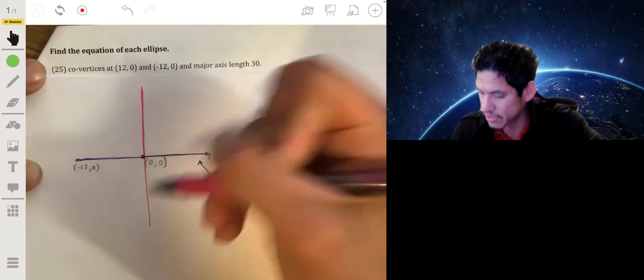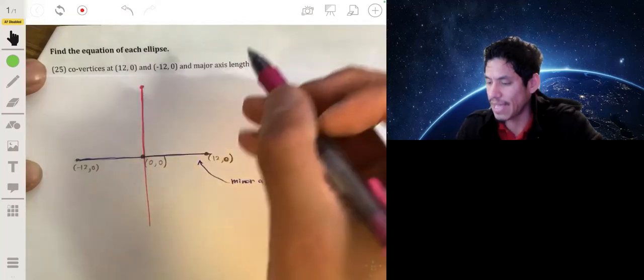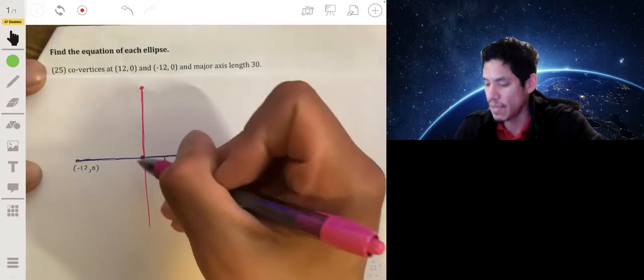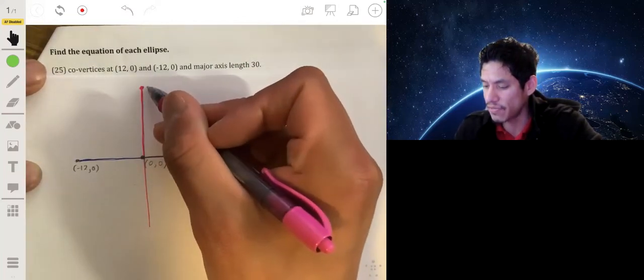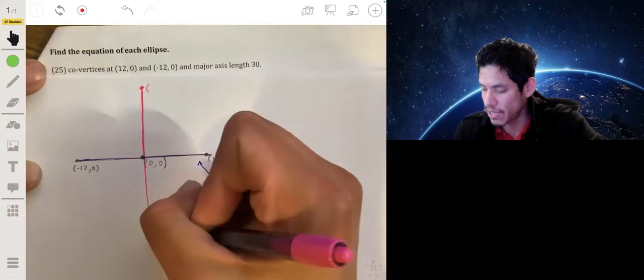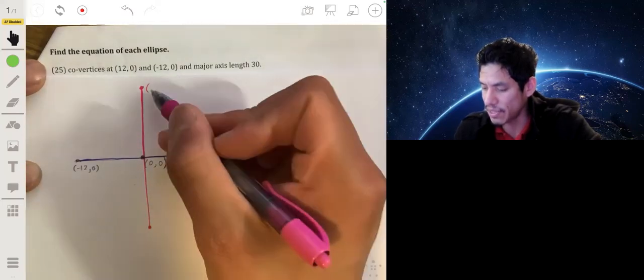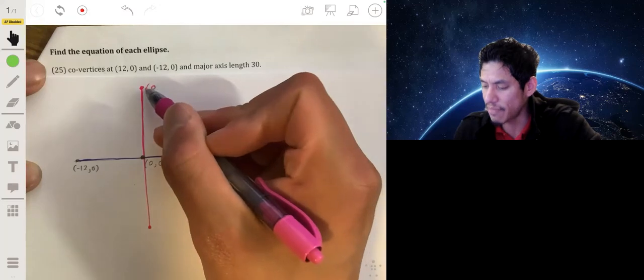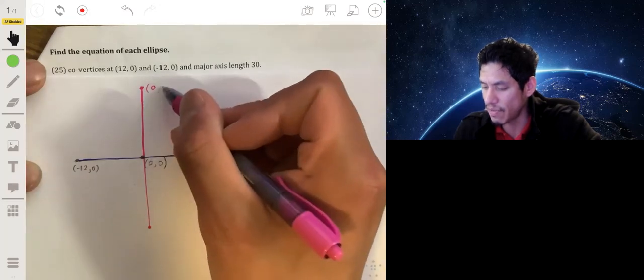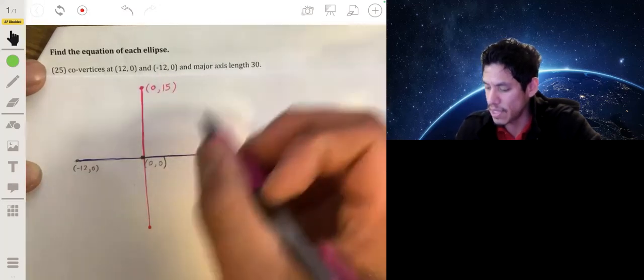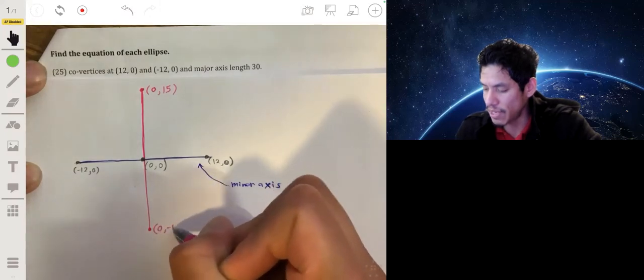And if it has a length of 30, that means from here to here is 15, and then from here to here is 15, because that's half of 30. So then the top vertex will be at (0, 15), and the bottom vertex will be at (0, -15).